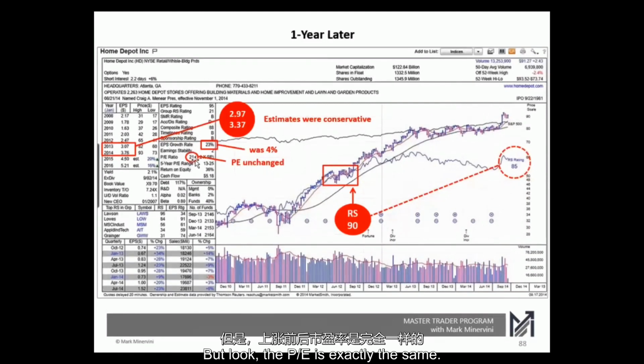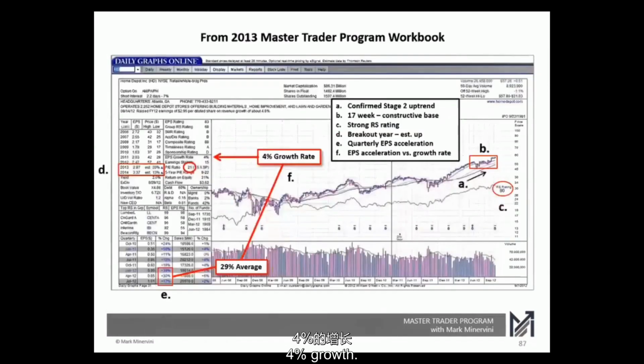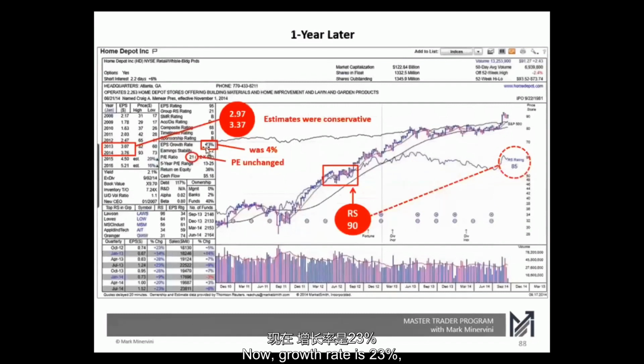But look, the PE is exactly the same. It didn't change. It's still at 21, right? Growth rate was 4%, right? We go back to the other chart, 4% growth. Now, growth rate is 23%. See, because the earnings came in, right? But here's the real key.